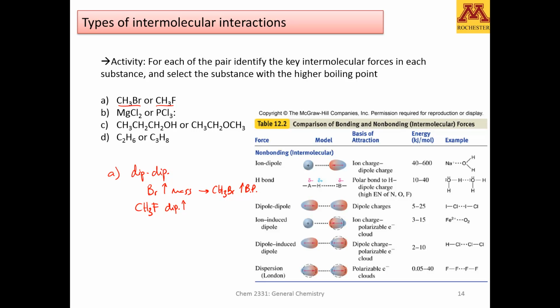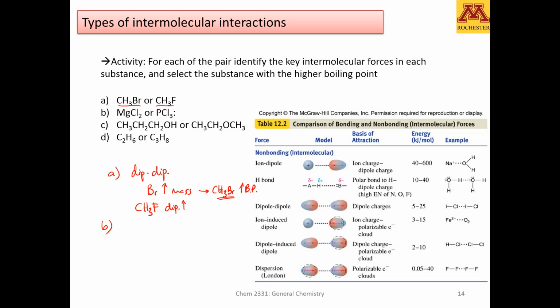I would agree with you, and this is why I don't like these kinds of problems, because they try to simplify something that after all is more complicated than that. And you will see many exceptions, as you have seen in the past. So stick with me. We're going to choose this one because mass is more important.